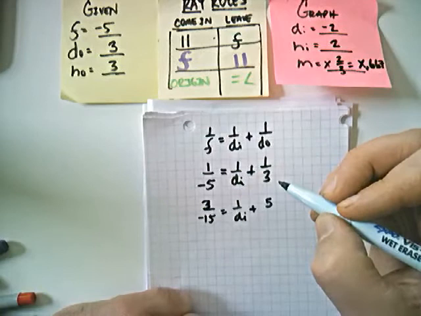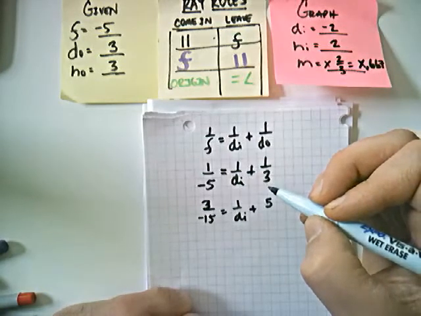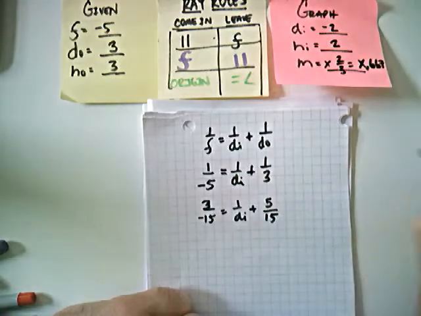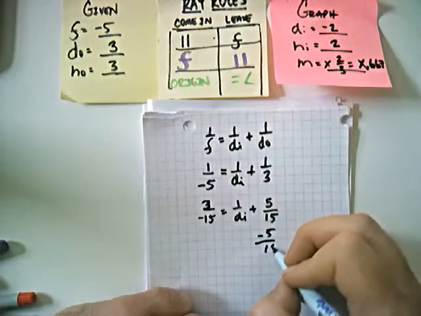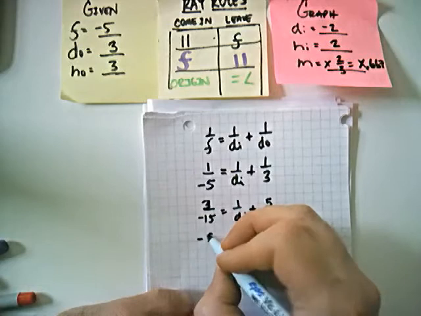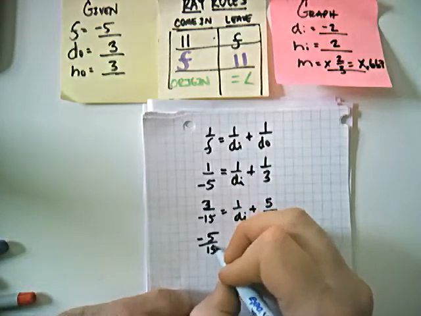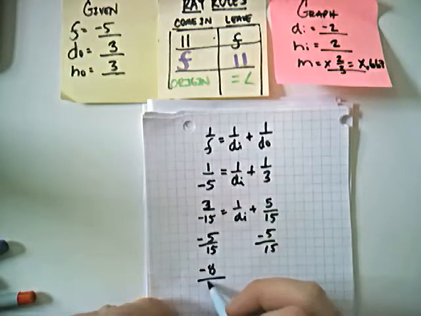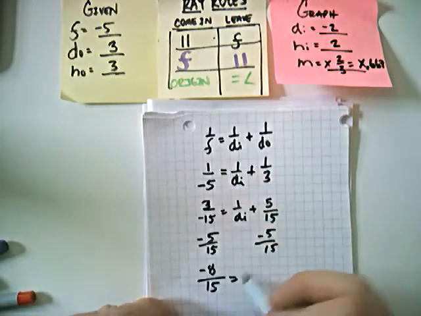So we're going to get 1/-5 is equal to 1/di plus 1/3. Whoops, I meant to say -3/15 over here, and over here I would get 5/15. So then we'd subtract 5/15. In other words, we're going to make this into a bigger negative number and get -8/15, which is equal to 1 over di.